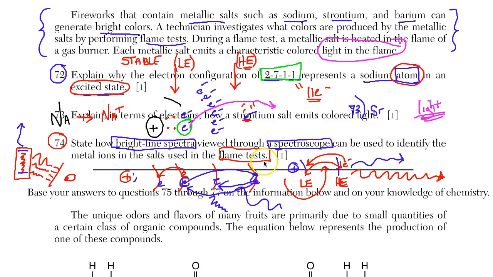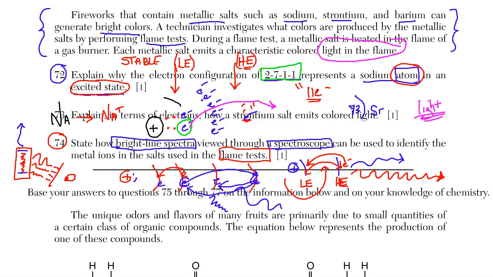Well, basically you can take the known light that's given off by these particular elements or salts and then compare them. That's very simple. So knowing the light that these guys give off when they're pure, if you have an unknown, you can just match the type of light with the standard.